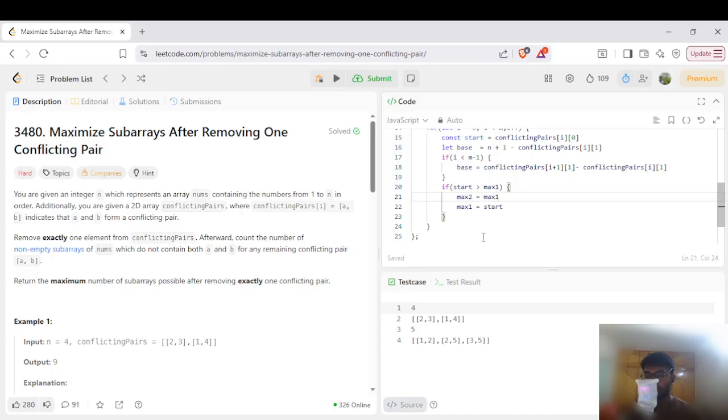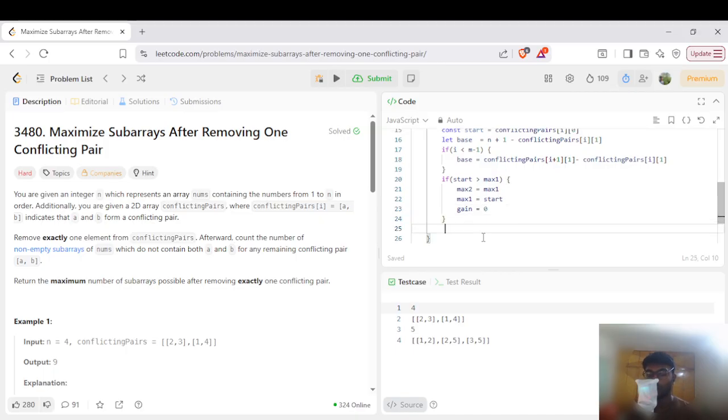Initially at the first iteration it will be 0 as we are starting with the first conflicting pair, and gain will also be 0, right? Else if start is greater than max 2, then max 2 is equal to start.